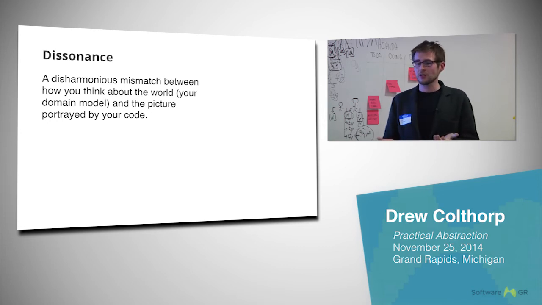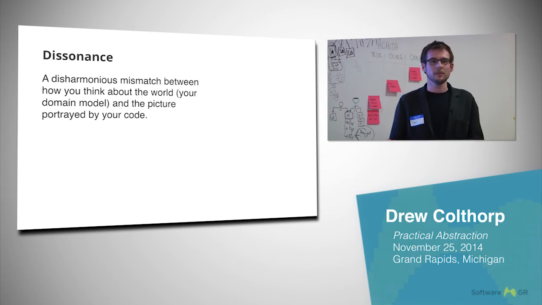The other thing is nobody's perfect, and you're going to have some ideas early on that don't really pan out. Maybe you need to break them down. Maybe they end up being a little bit awkward, or maybe you just learn more about what you're trying to do, and you realize that things weren't exactly right.